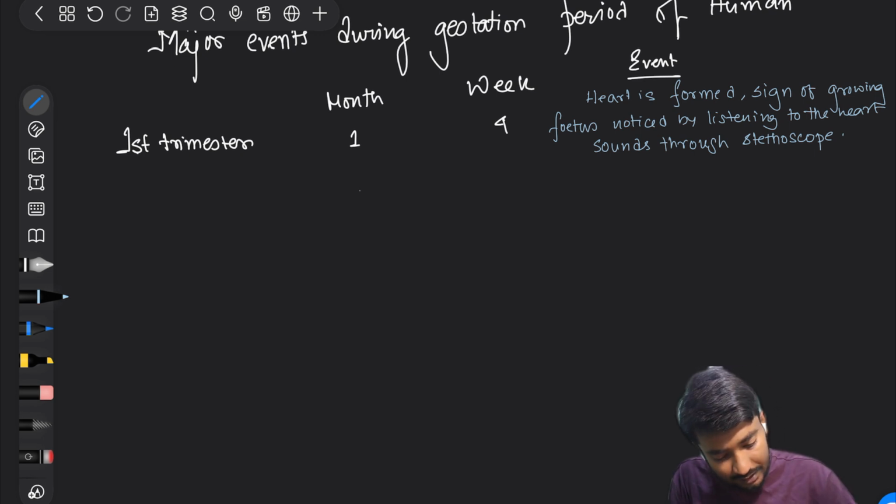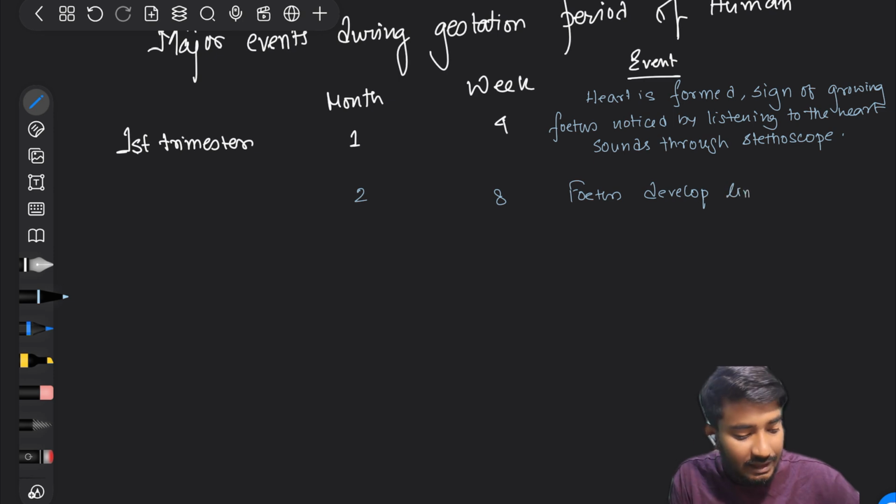Now, in the second month, that is on the 8th week, the fetus develops limbs and digits, that is the fingers.